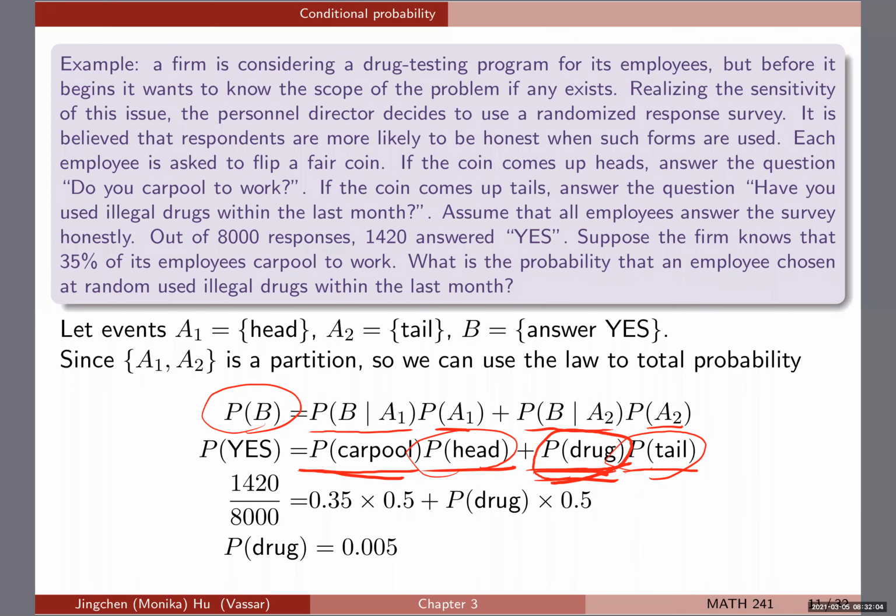Once we know which side of the coin comes up, this becomes a marginal probability among all of the people who are supposed to answer the first question, and among all of the people who are supposed to answer the second question, that becomes our marginal as well. Hopefully this gives you a good exercise to think about how we can use the law of total probability. There are many different ways that you can use it depending on the task that you're supposed to solve.